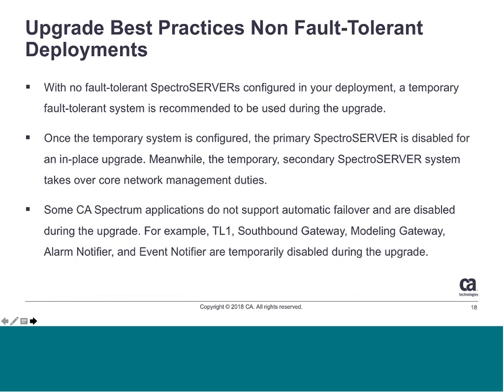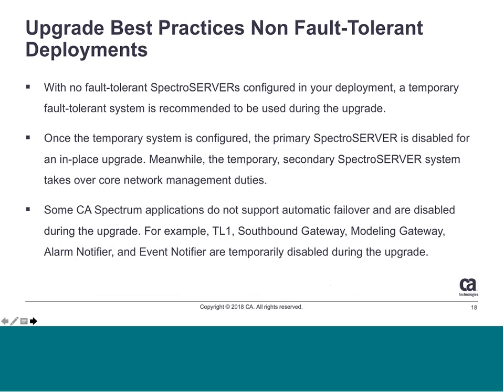Now, if we talk about upgrade best practices for a non-fault-tolerant deployment, with no fault-tolerant Spectre servers configured in your deployment, it's recommended that you have a temporary fault-tolerant system during the upgrade. So this is important to continue to monitor your network during the upgrade.